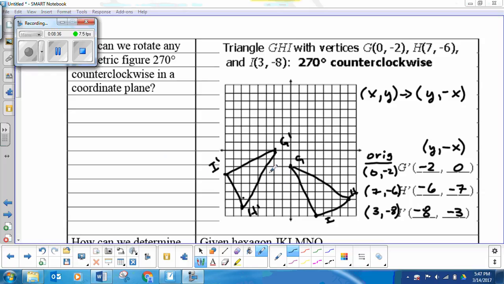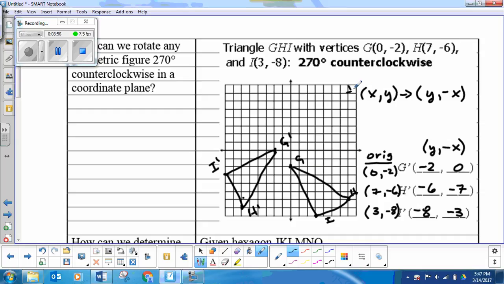Okay, so you should have gotten these two pictures on your coordinate plane. Remember the G, the H, and the I, those were our original points, or our pre-image, and then our G prime, H prime, and I prime represent the new points for the image based on the rotation of 270 degrees.